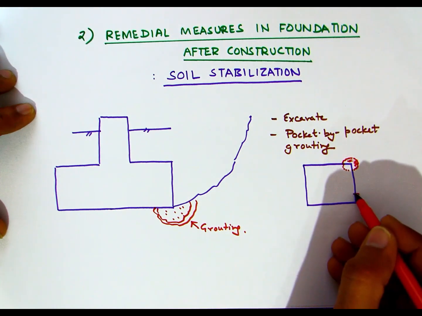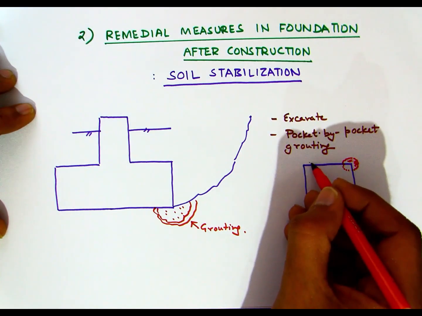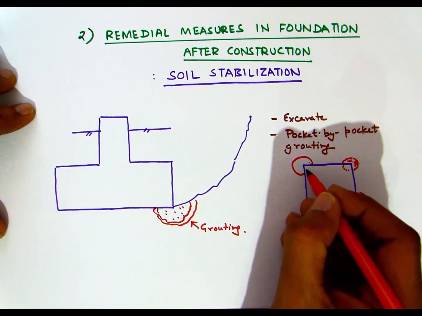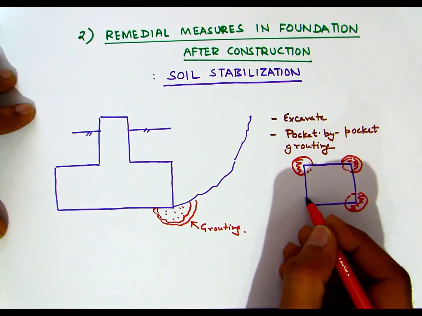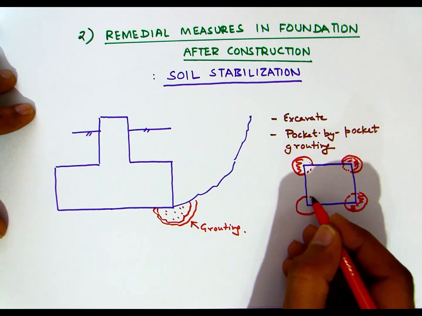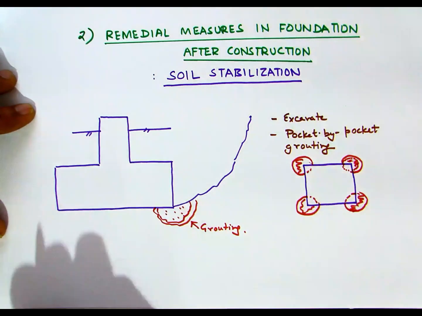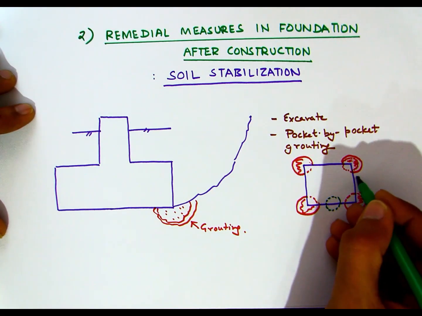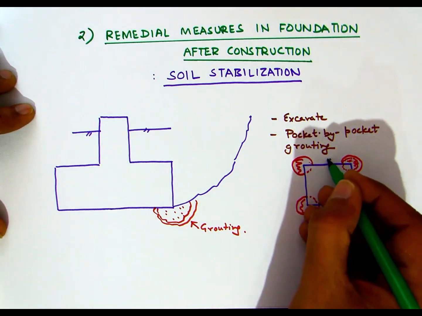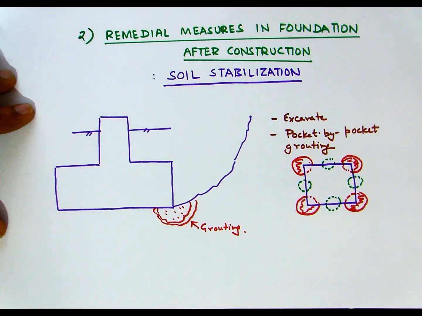Now we have to do the process such that the foundation's alignment is not disturbed. So it must be done in a symmetrical manner. So if all the 4 corners are covered, then we can increase the number of pockets in the other regions like shown here. These regions which are new in the next phase are basically the regions near the center of the edge.